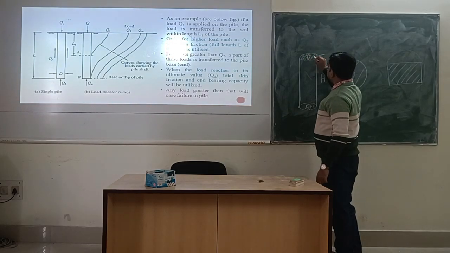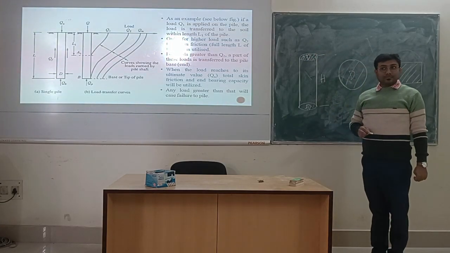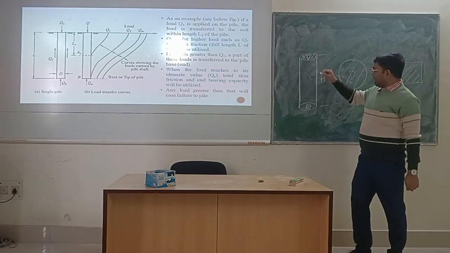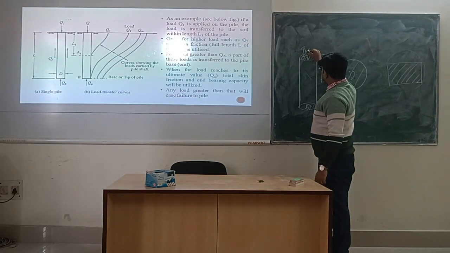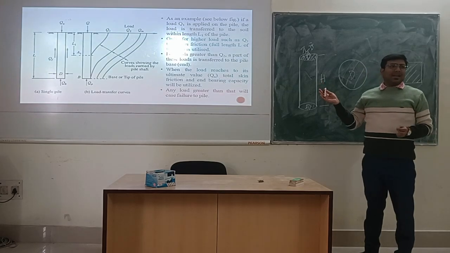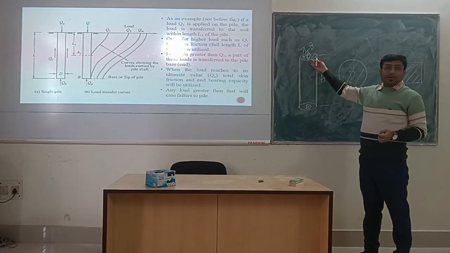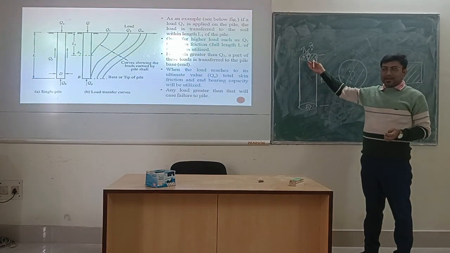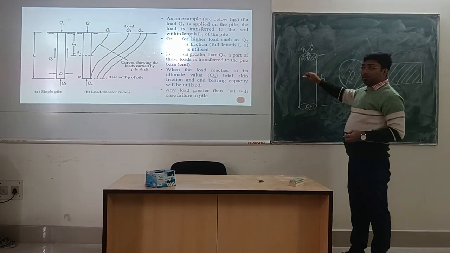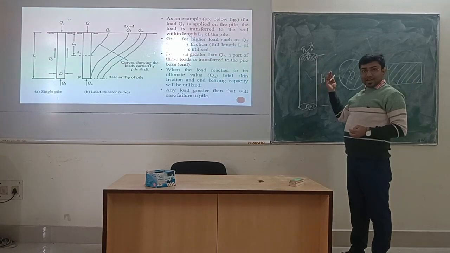If the diameter is d, then the area is pi by 4 d square. Okay, this area is pi by 4 d square. Generally, phi is noted for diameter.